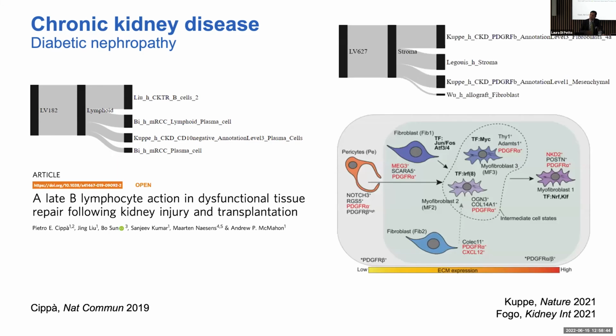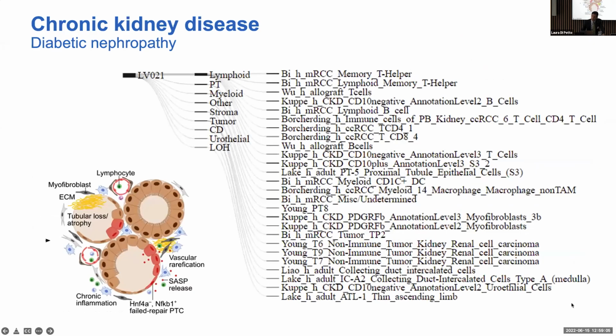Another latent variable which showed up was LV627, which is strongly associated with stroma cells. And if we look in more detail, you see some populations of fibroblasts or myofibroblasts that we recently described as strongly associated with chronic kidney disease in this Nature paper.